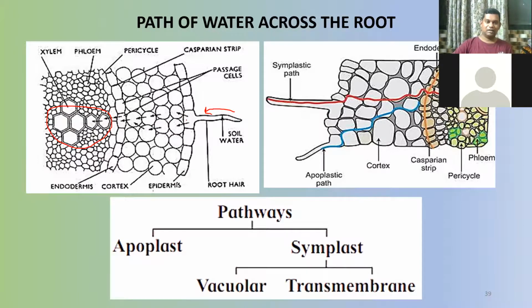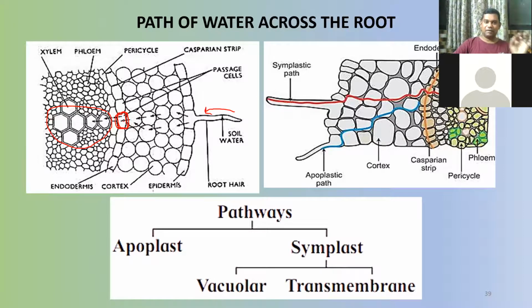In whichever way, it crosses the cortex and reaches the endodermis. Only that particular cell of the endodermis which is in contact with the xylem, that means this one, is exactly in the line of the xylem.